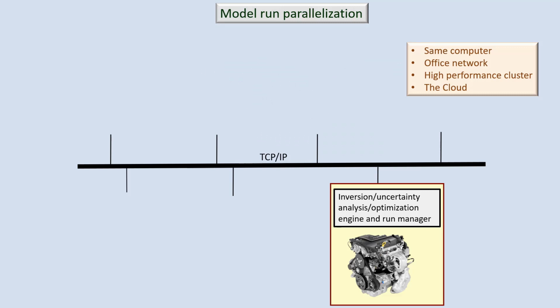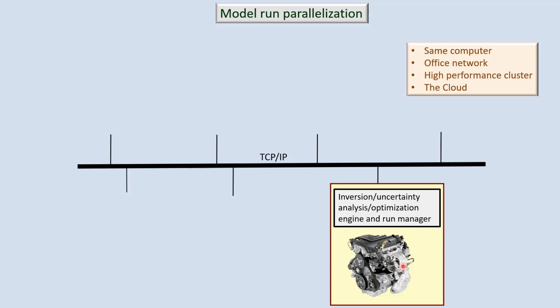The second important requirement, as we have just mentioned, of a model dancing partner is the ability to parallelize model runs. PEST and other dancing partners that come with the PEST suite use the manager-agent philosophy. So here is PEST, for example, performing its role in model calibration or uncertainty analysis.